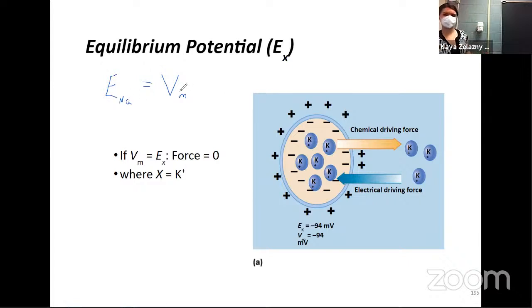So it would be like our current situation matches this equilibrium potential. So we can see that's the case here for potassium in our image. Our equilibrium potential for potassium is negative 94 millivolts. And the current membrane potential is negative 94 millivolts. That's fundamentally what that equilibrium potential means. It tells you the membrane potential at which this situation is true, where the chemical driving force and electrical driving force directly oppose each other.